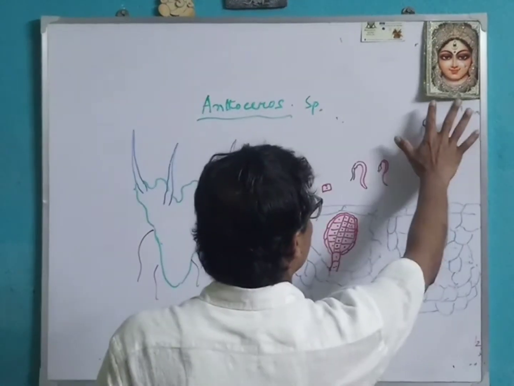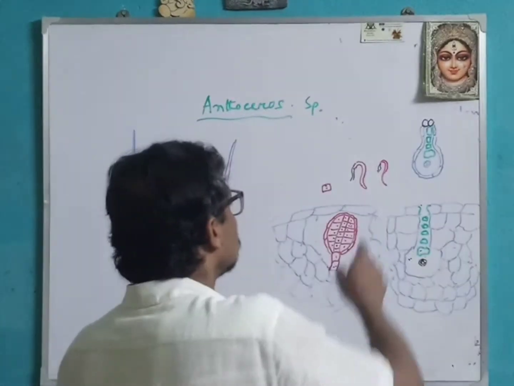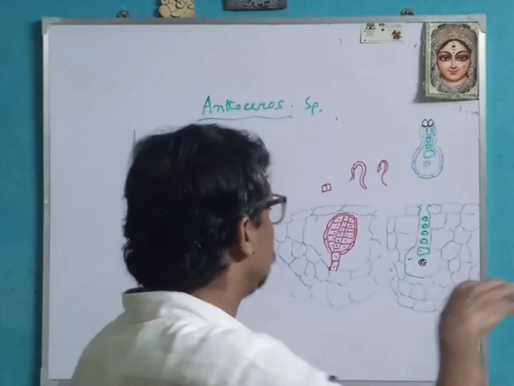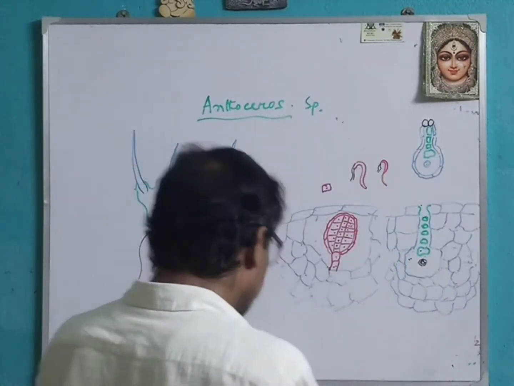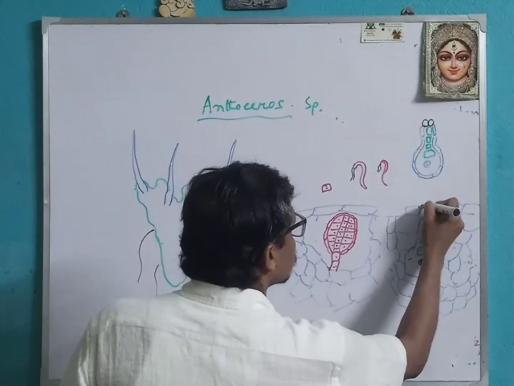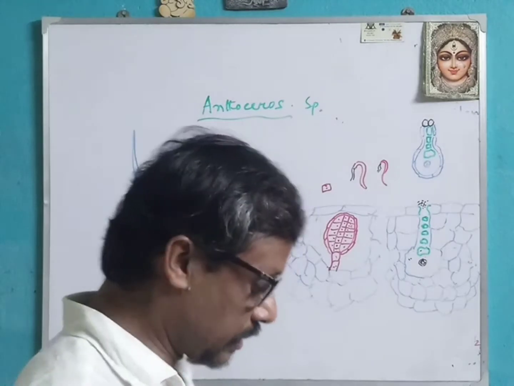Sir, actually during the fertilization, what happened? In presence of moisture, the hygroscopic movement of these antherozoids takes place. Certain secretions are available at the opening of the archegonial slit.